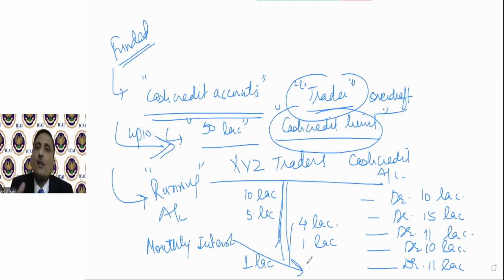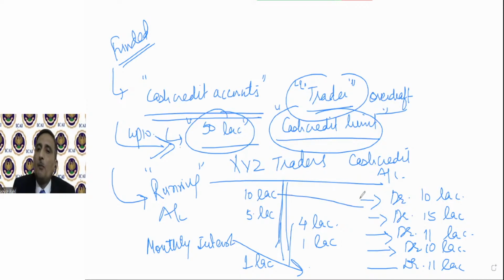There is no fixed repayment period in which I have to pay. Say at one point of time, my loan account balance is 10 lakhs. On another day, it is 15 lakhs. And on another day, it is 11 lakhs. It has been reduced. And on another day, it is 10 lakhs. So it is a running account. My interest cost is also dependent upon the number of days I am using the funds. I would not have to pay interest on the whole 50 lakhs of loan sanctioned.